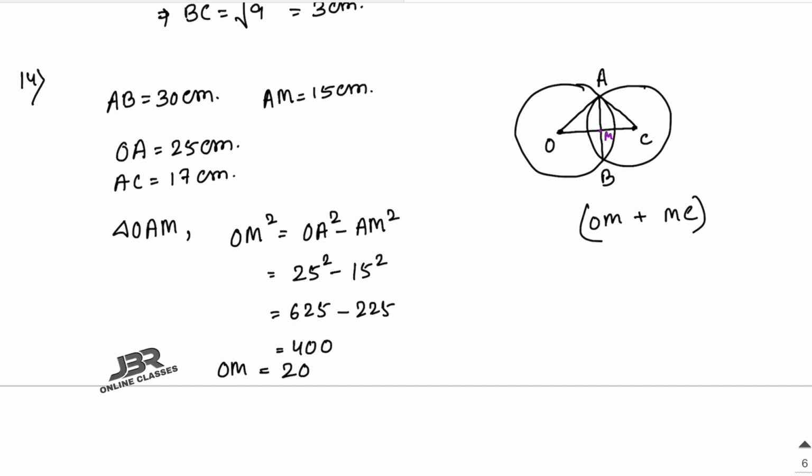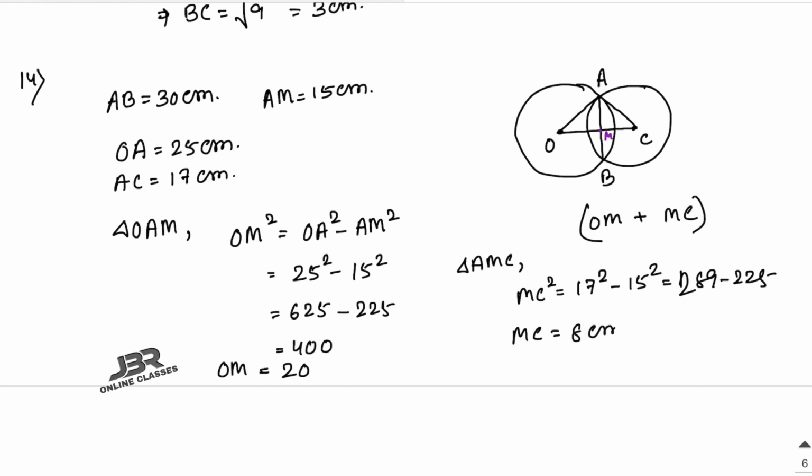Now from the next triangle AMC, MC square is equal to AC square, 17 square, minus AM 15 square. 17 square is 289 minus 225. That means MC square is 64. So root 64 is equal to 8 centimeter. So your answer is 20 plus 8, that is equal to 28 centimeter as the length of OC.